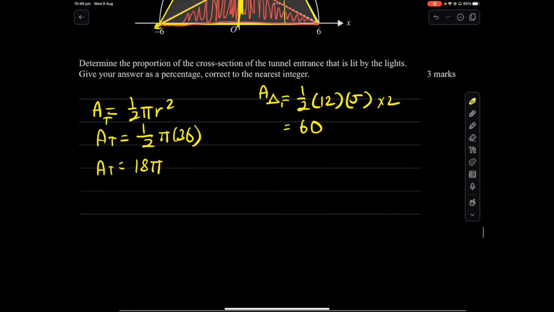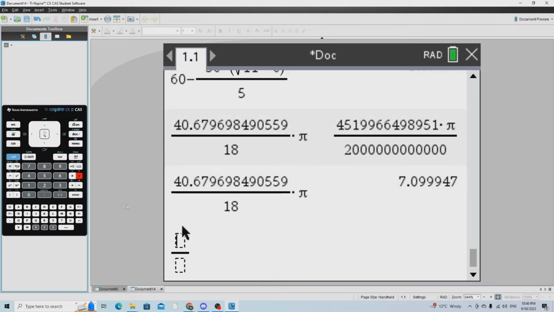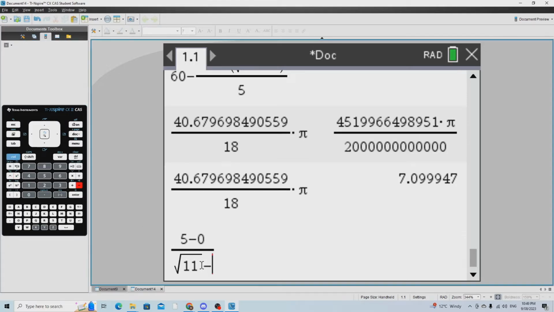So your area of squares is what? So we know the gradient is 5 minus 0 over root 11 minus negative 6, so plus 6, which is a positive gradient, yes.